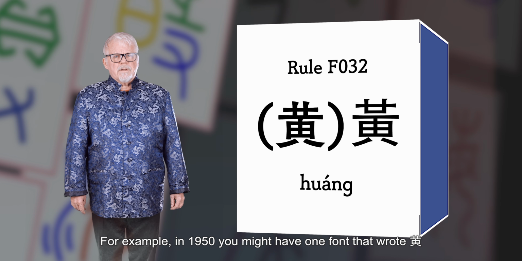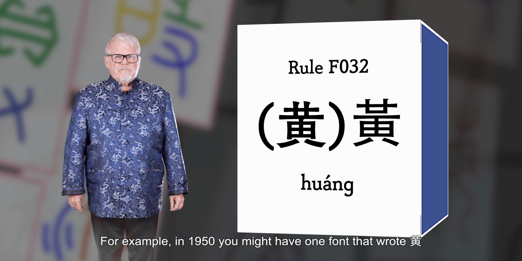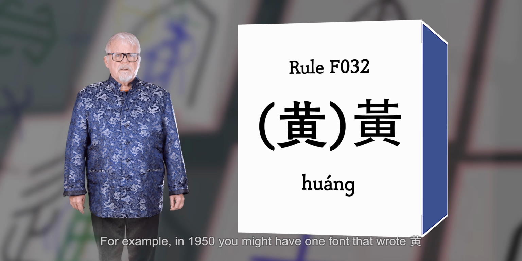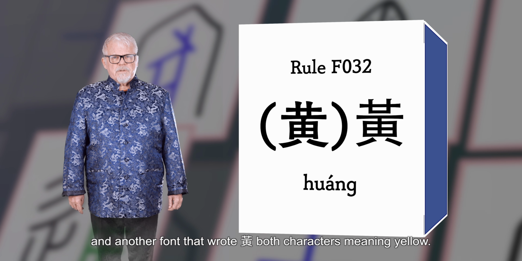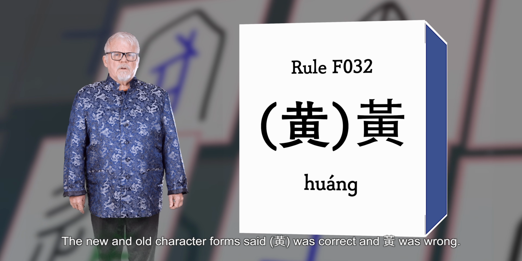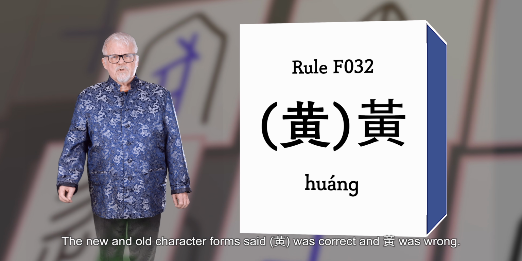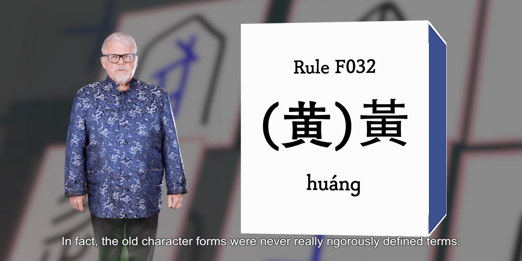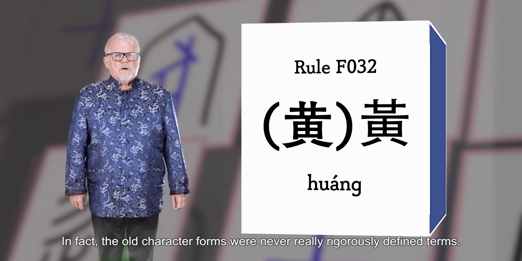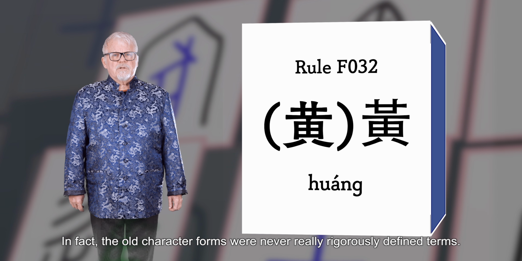Some of these rules were so trivial that they were eventually ignored, but some of them were quite significant. For example, in 1950, you might have one font that wrote Huang and another font that wrote Huang. Both characters mean yellow. The new and old character forms said the first one was correct and the second one was wrong. In fact, the old character forms were never really rigorously defined terms.